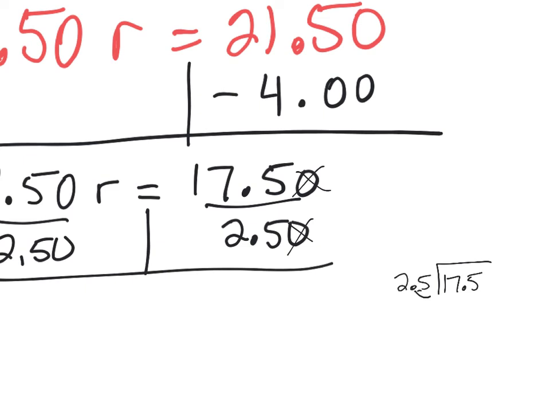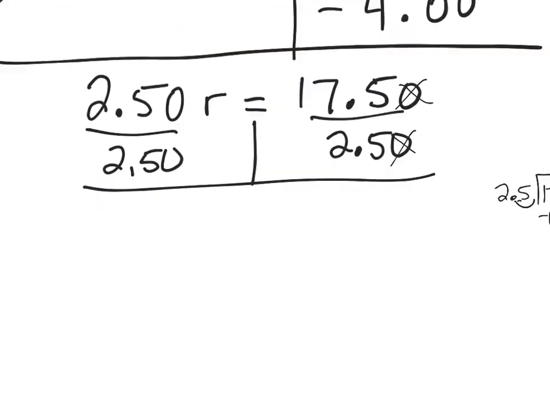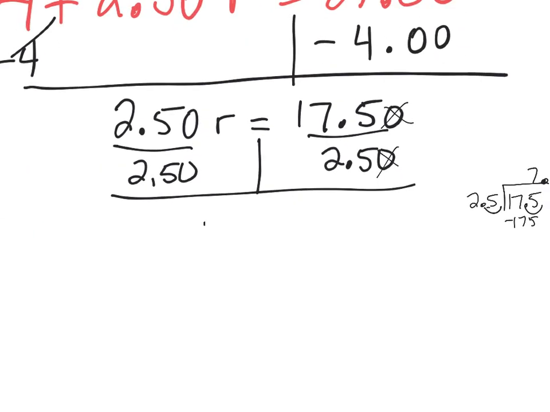No. Move the decimal point over once on each one. And then I always ask myself, how many 25s are in $1.75? How many 25 cents are in 175 cents? And the answer is 7, and that's perfectly right. Just because it's a decimal problem doesn't mean it has to be hard.